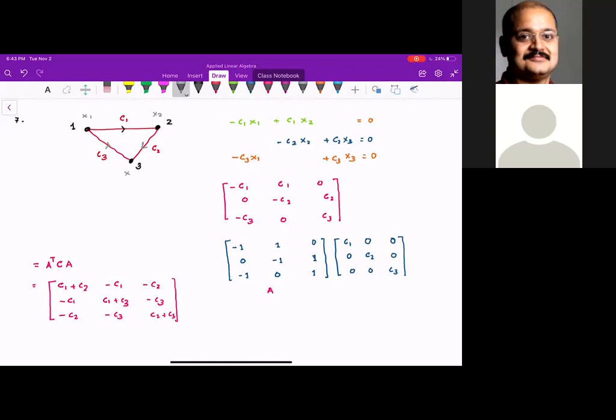X2, and X3. So this problem can be thought of in terms of the graph theory problem. This problem can be looked at as an electrical network problem. This problem can be looked at as a traveling salesman type of problem. So there are different ways of looking at that problem. So what I'm going to say here is at node 1, you assume there is a variable x1. If you are going from point 1 to point 2, that means you are going from x1 to x2.